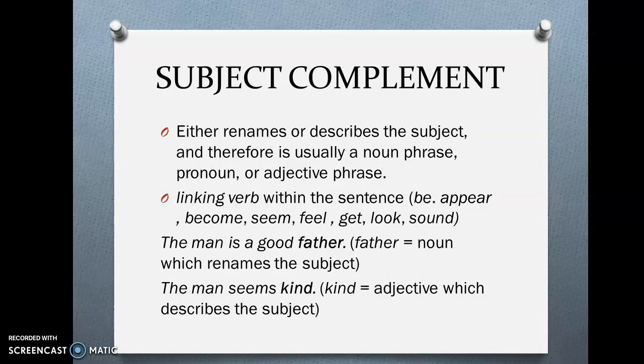A subject complement sort of renames or describes the subject, and therefore is usually a noun phrase, pronoun, or an adjective phrase. We know that a subject complement is there because what we see before is a linking verb within the sentence. The typical one is the verb to be, but we have other linking verbs.